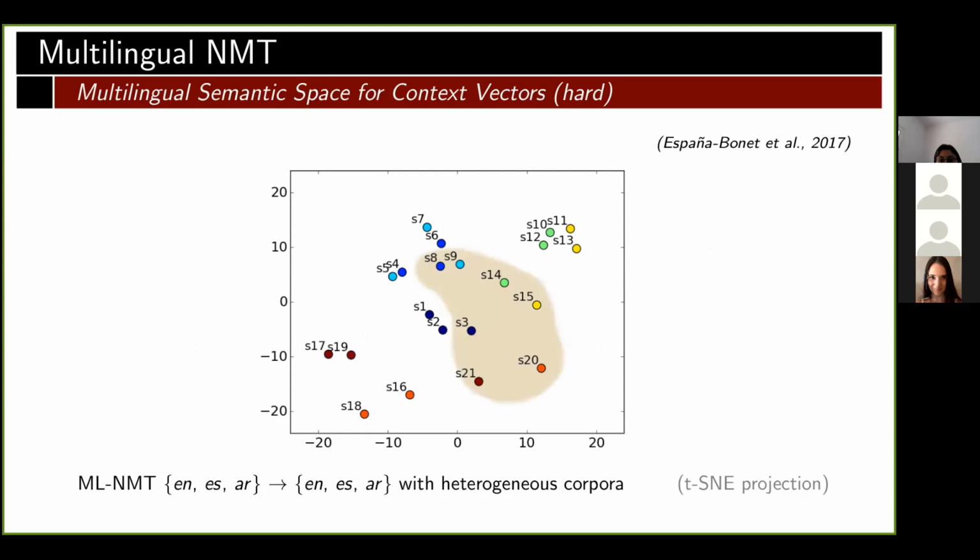So we can do the same with other languages. In this case, we were using English, Spanish, and Arabic. And the corpora is heterogeneous. Before we were using a small corpora, but everything was TED Talks. Here for English, Spanish, and Arabic, we will be using different corpora, United Nations, News, Common Crawl, whatever, very different and heterogeneous corpora.